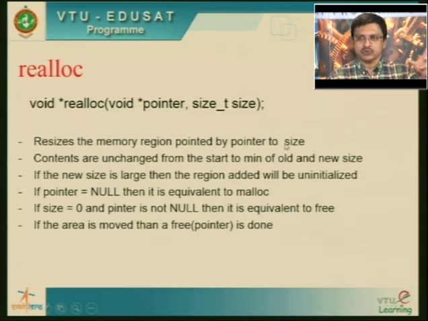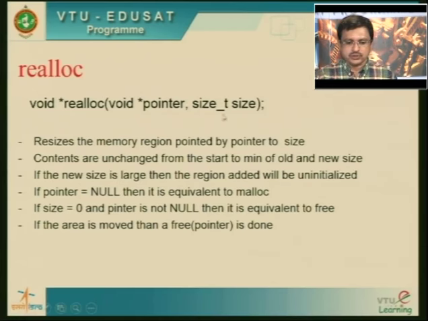Initially if it was pointing to 100 bytes, I can alter this to 200 bytes or 150 bytes or whatever. The contents are unchanged from the start up to the minimum of the old and new size. If the new size is larger, the added region will be uninitialized. If the pointer is equal to null, then it is equivalent to malloc. If the size is equal to 0 and the pointer is not null, then it is equivalent to free. If the area is moved, then the old pointer is freed.